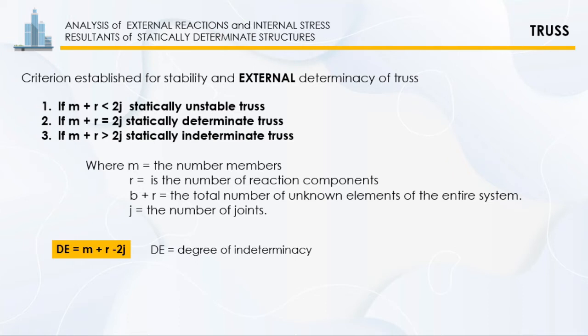If the number of unknowns for a truss is less than the number of equations of joint equilibrium, that is M plus R is less than 2J, the truss is called statically unstable. The static instability may be due to the truss having fewer members than the minimum required for internal stability, or due to an insufficient number of external reactions, or both. The conditions of static instability, determinacy, and indeterminacy of plane trusses can be summarized as follows. So this one.